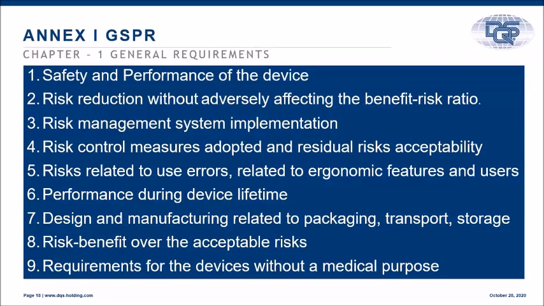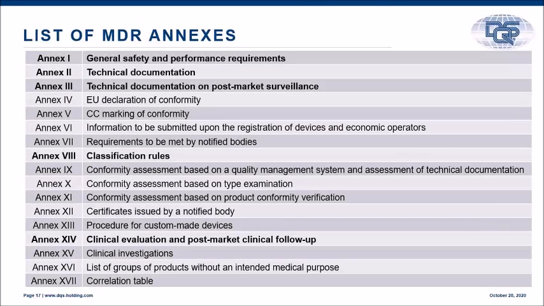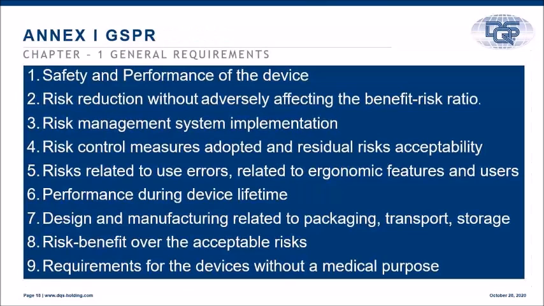I'll briefly go through the main headings of the GSPR, the general safety and performance requirements. Earlier in the Medical Device Directive, this was called essential requirements, which had 13 clauses. Here you will have 23 clauses.